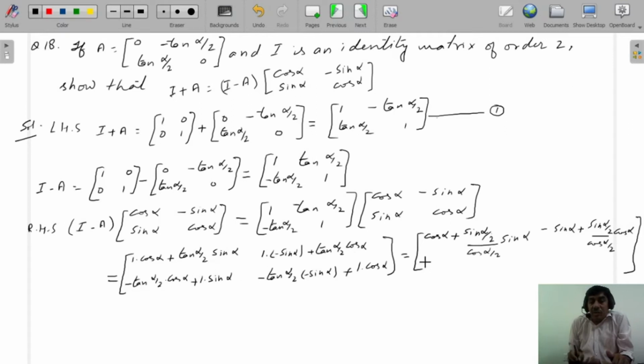Minus tangent alpha by 2 is minus sin alpha by 2 divided by cos alpha by 2 into cos alpha plus sin alpha. Minus into minus is plus sin alpha by 2 divided by cos alpha by 2 into sin alpha plus cos alpha.